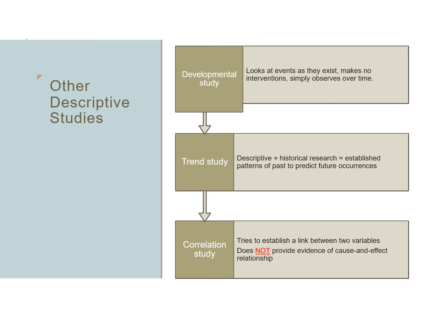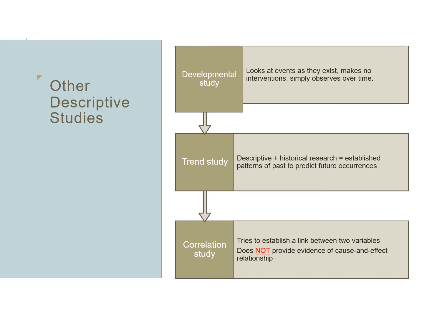You're going to have less trust whenever a trend study tries to make a prediction about the future that is too far in advance. Typically, trend studies try to predict future occurrences in the short term.